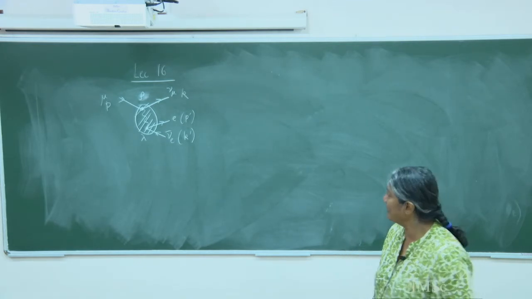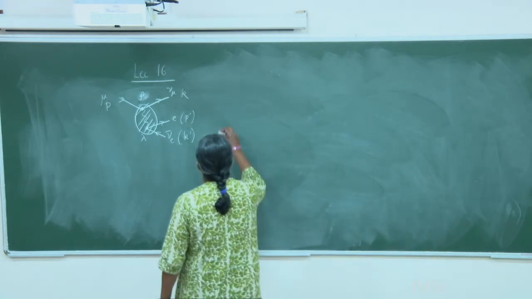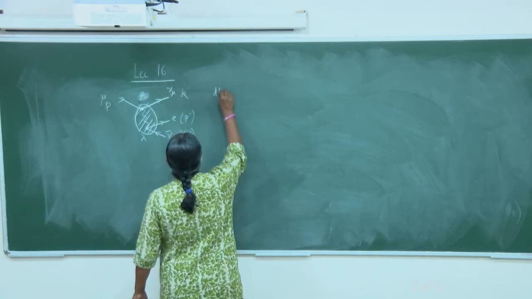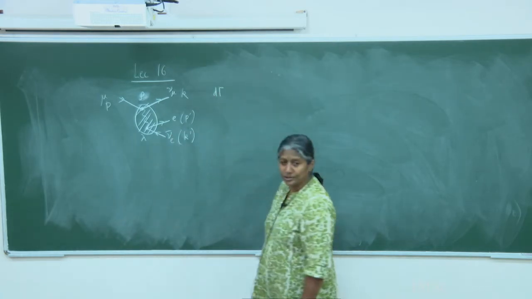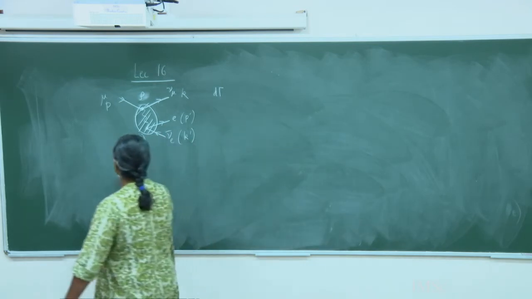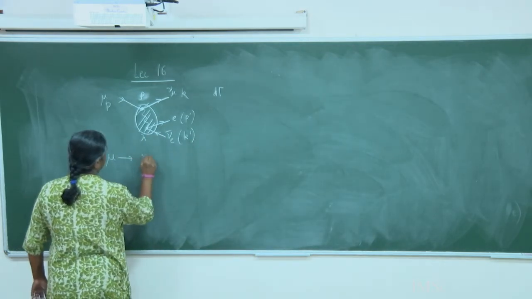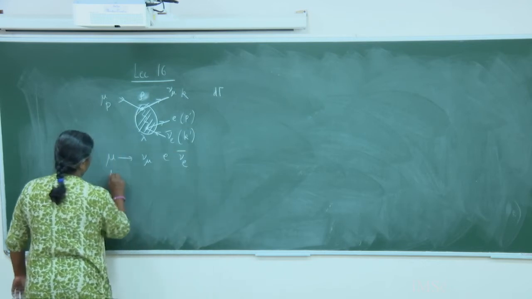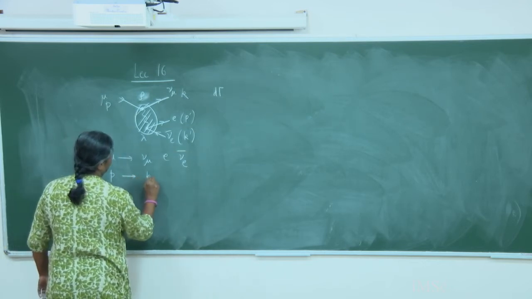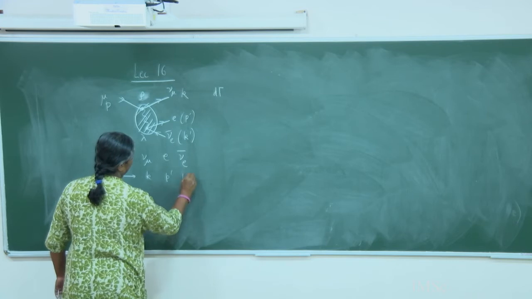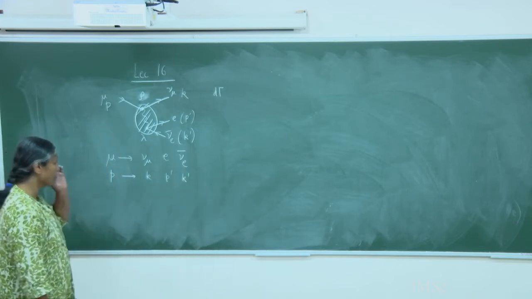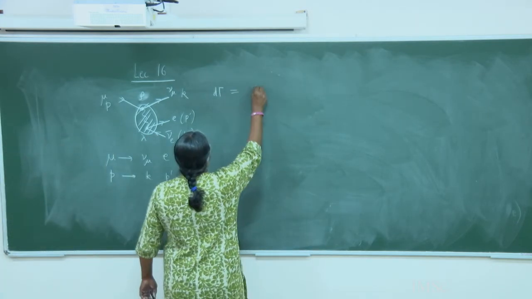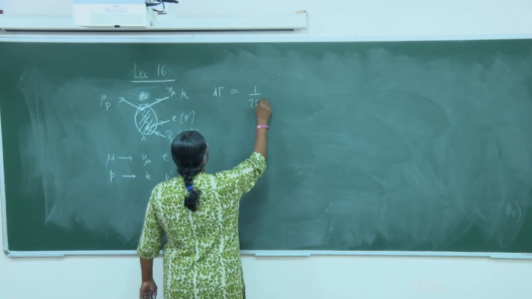So with this I will now write the calculation again. What do we have? I am asking what is the decay rate for this process: mu goes to nu mu e bar, so P goes to K, P prime, K prime. So what is d gamma? The initial flux is just the E of the muon.